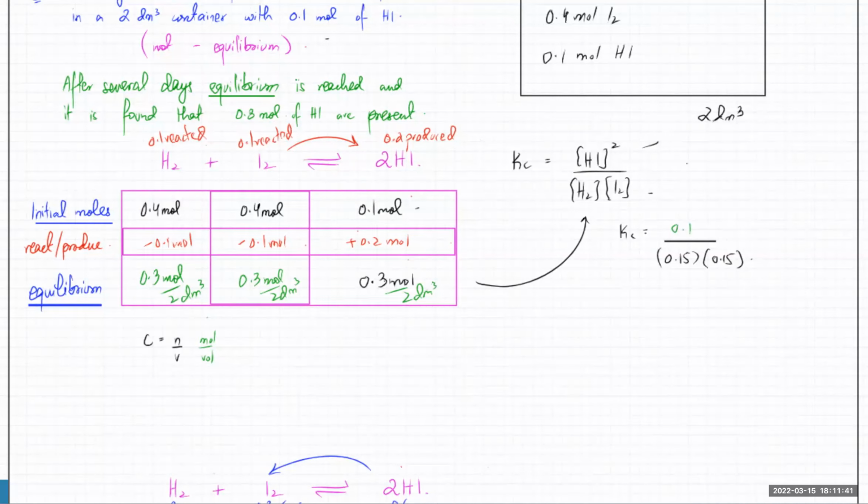So it is 0.15 squared, right? Yes. So it's HI squared divided by H2 and I2. And I think the whole thing would get cancelled out, and it would come out to be exactly 1. So Kc comes out to be 1, and it's not going to have any units. Is that clear? Yes.